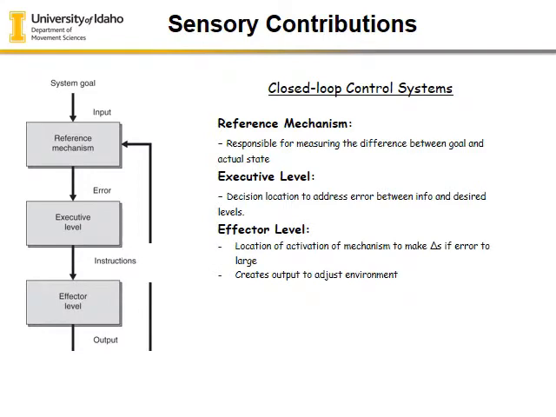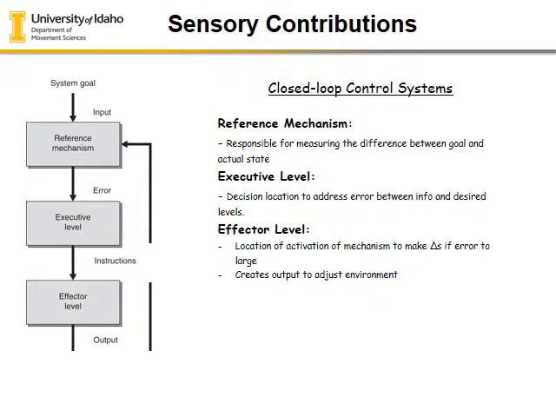And after the executive level, now you have an effector level. The effector level is producing those instructions from the executive level, and that is the portion where you are activating certain portions to make changes in whatever your desired outcome was.